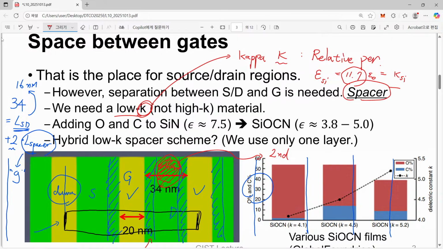There is no universal agreement on which one is better, epsilon or kappa, but anyway, the name high k or low k comes from this kappa, and they just say k.